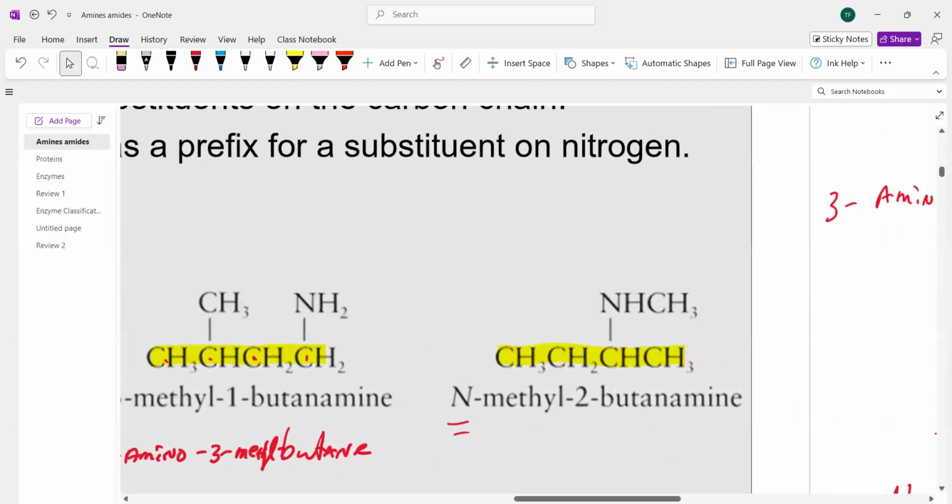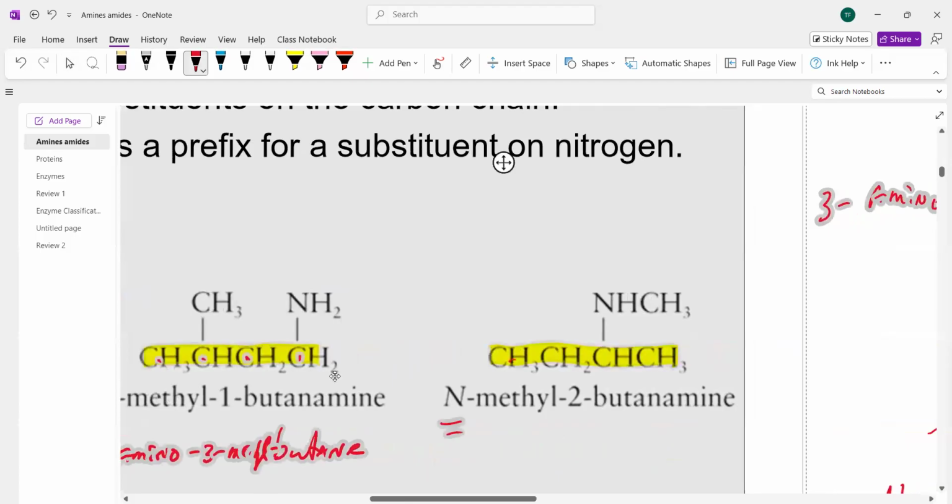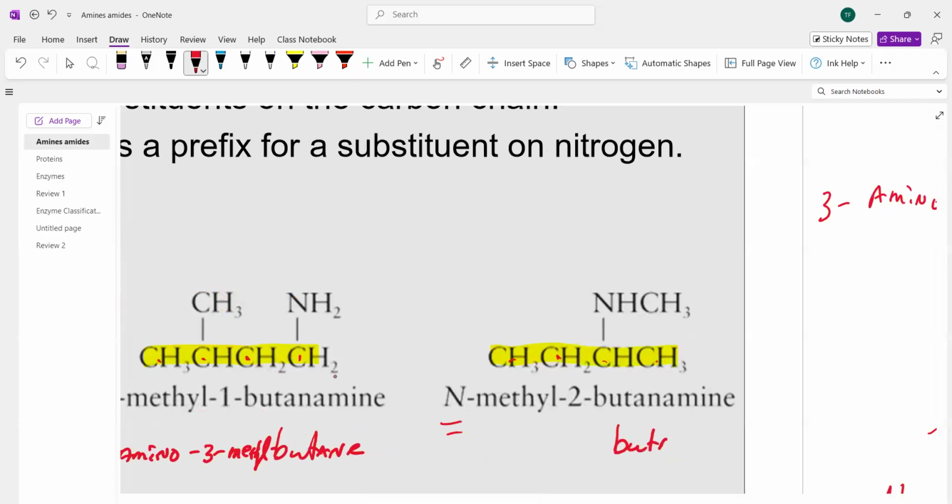Now notice this one. Okay, first of all, it's a 1, 2, 3, 4, 4-carbon alkane backbone. That means it's a butane. We have a branch at carbon number 2.